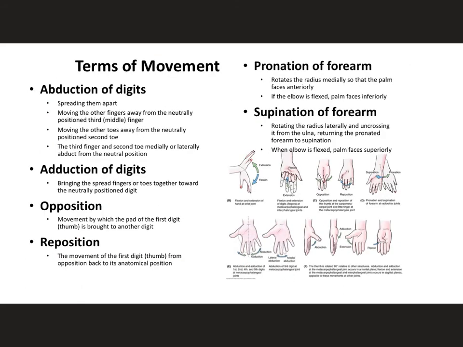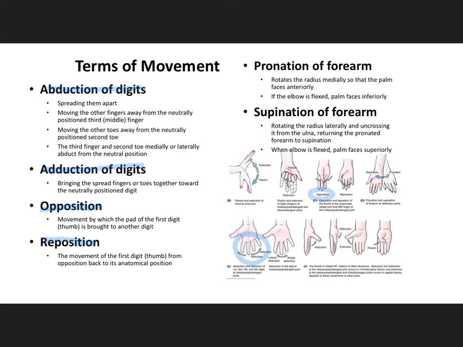Our next categories of movement are special movements. We can abduct the digits, and in these we spread them apart, and then we can add them back together. We can also do a special movement of the thumb called opposition and reposition.